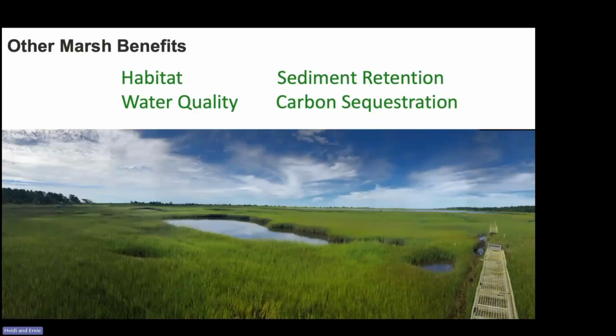Today, I will share some physical models that describe drag on individual plants, which enable species-specific prediction of wave dissipation. After that, my colleague, Ernie Lee, will describe how he used the wave dissipation model in the context of a benefit-cost analysis to quantify the economic value of a marsh used in front of a seawall as part of a hybrid coastal protection.